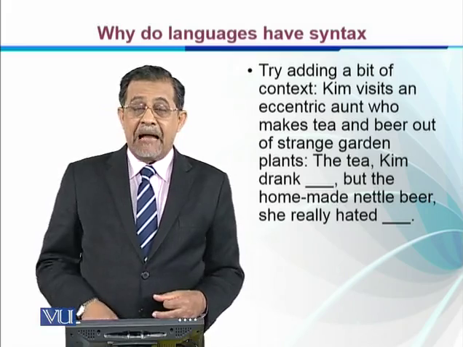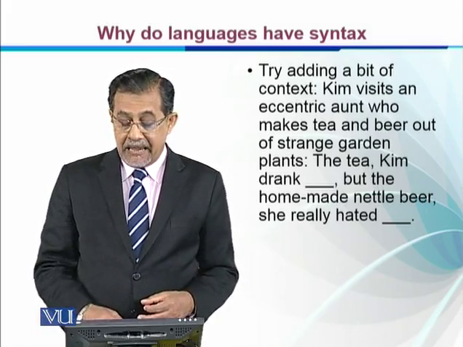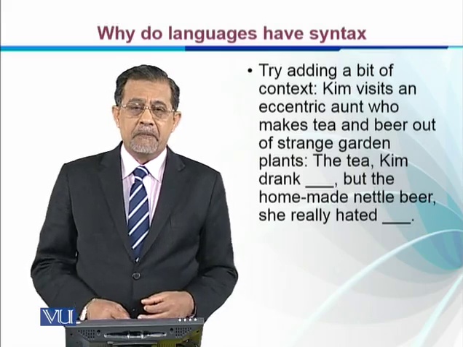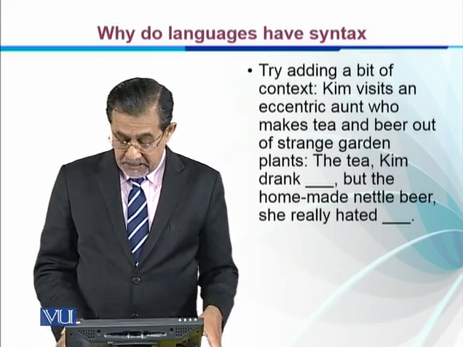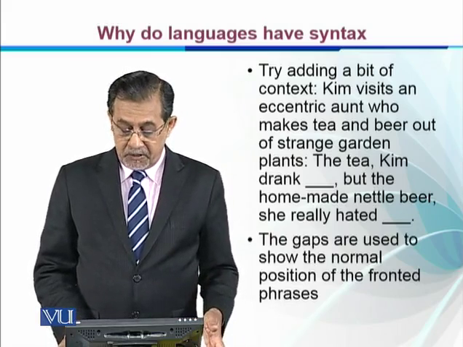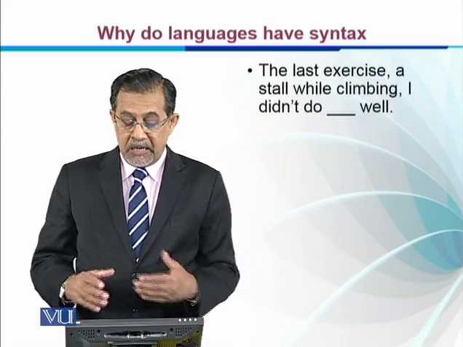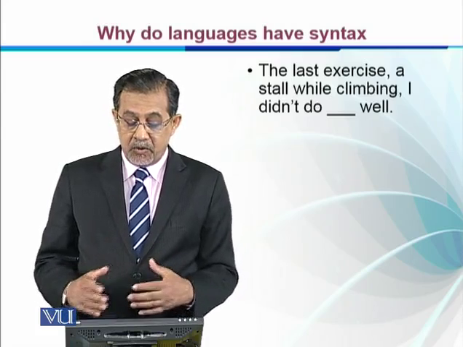The gap shows that the word has been picked up from the gap and put into the front position. So this is fronting. The gaps are used to show the normal position of the fronted phrases. Another example: the last exercise, I didn't do well.